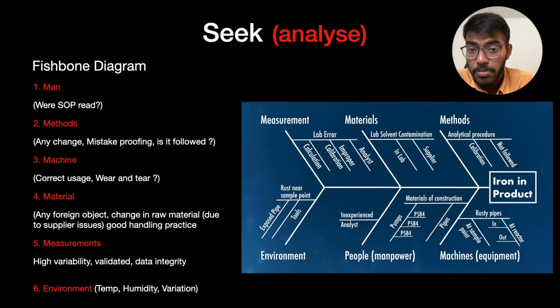And then when it comes to method, which is more interesting, is there any change in the method, or has mistake proofing happened, or is it allowed? I'll give you one good example which happened in my real-life investigation.